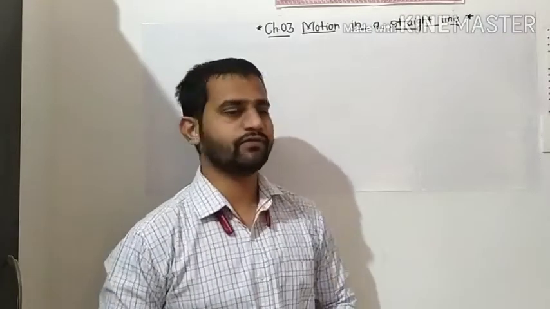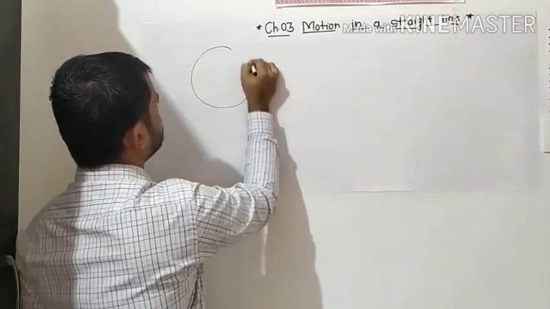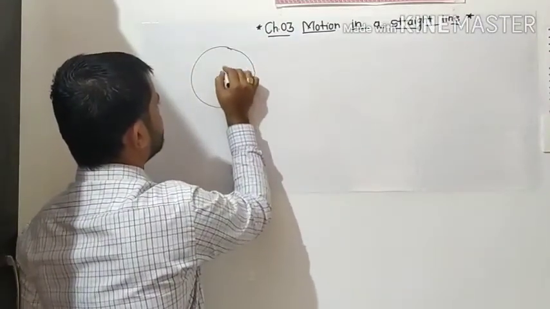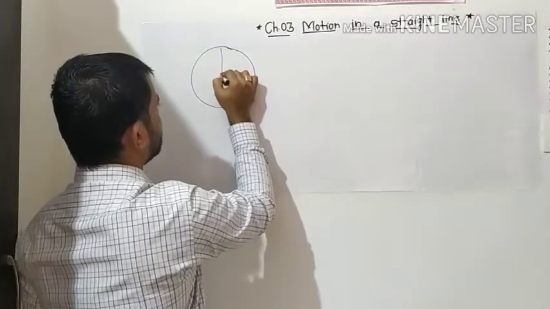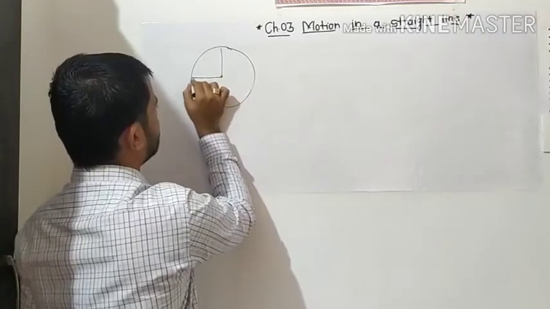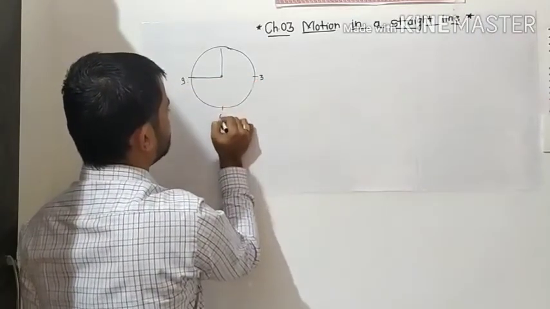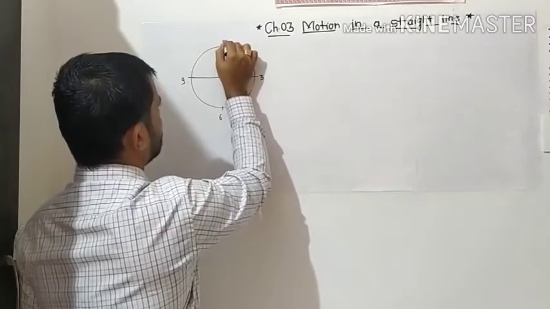So suppose this is the clock, this is 6 p.m., and from 6 p.m. it has to come up to 6:45. It will be 9, 3, 6, 12.